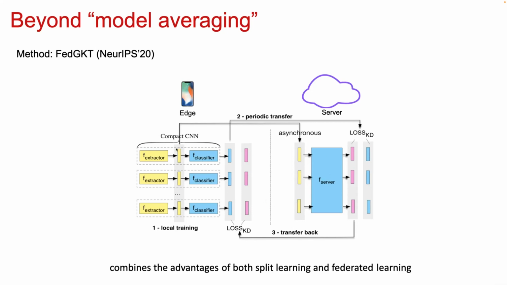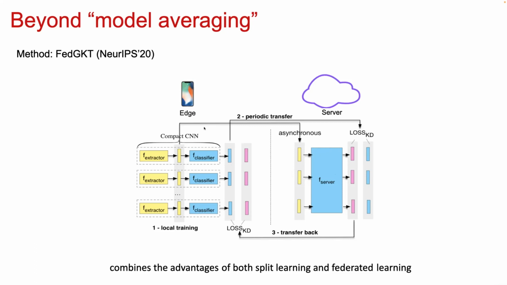You're going to send the intermediate features that are extracted to the server along with the soft labels. So the server classifier tries to come up with soft labels that make it as close as to the soft labels that were generated by the feature extractor at the edge nodes.